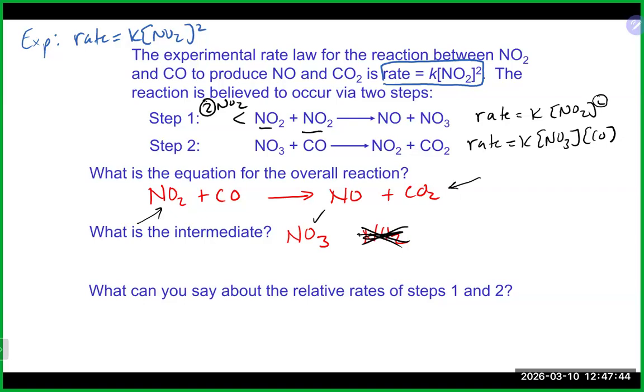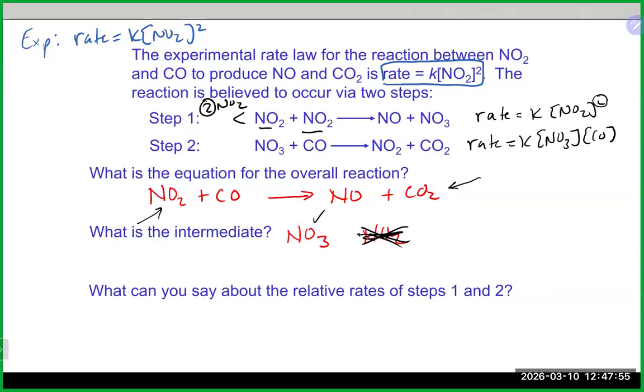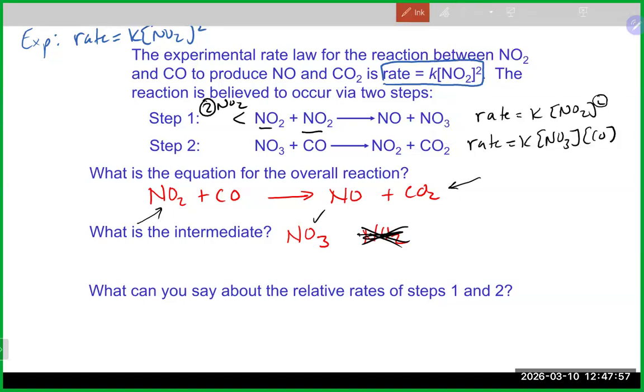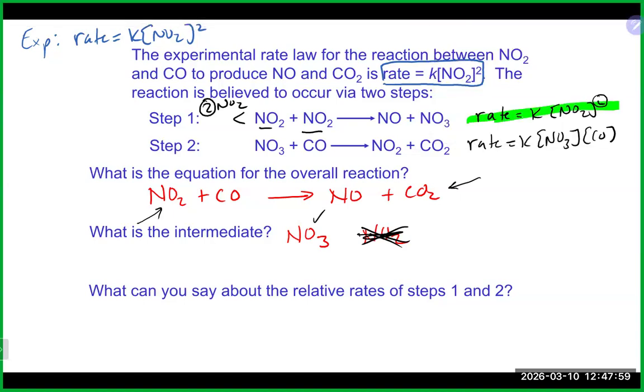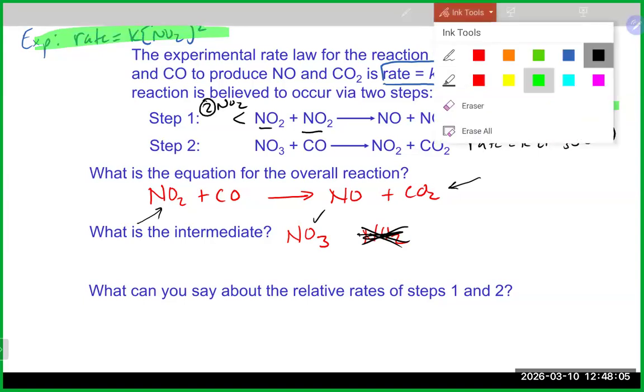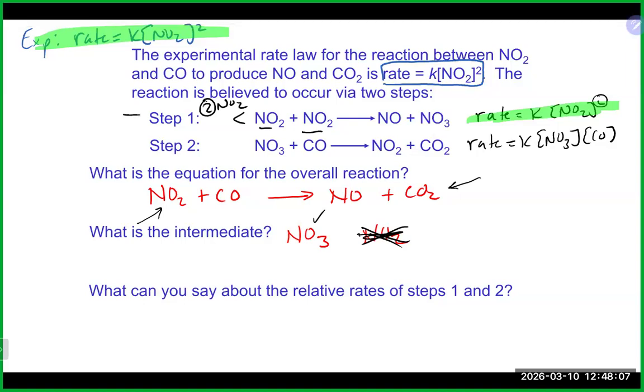The rate law that was found experimentally should match the rate determining step's rate law. So is there a step that matches the one that was found experimentally? Yeah, the first one has a rate law that matches. And that means that in this example, step number 1 should be our rate determining step.